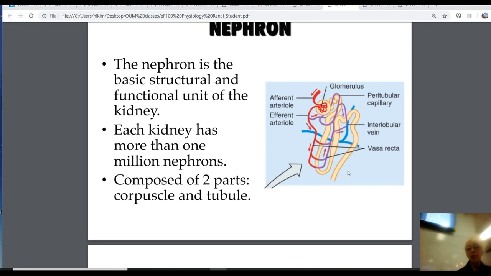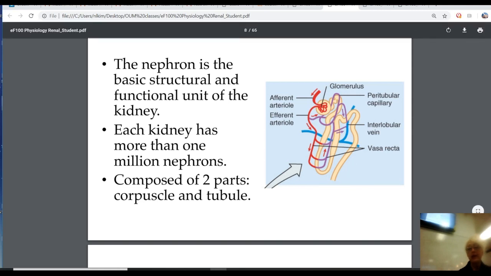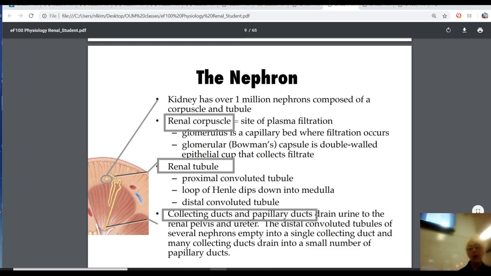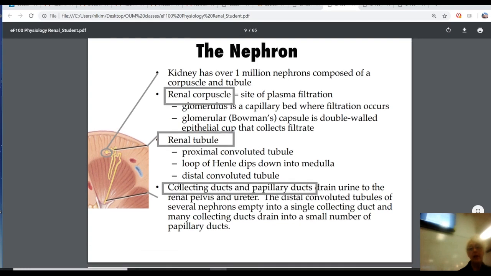So notice the blue are the veins, and notice how the capillaries and the arterioles are united in this red and blue kind of purplish network.